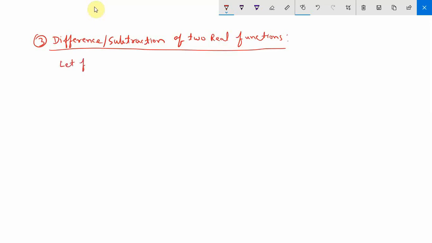Let f from D1 to R and g from D2 to R be two real functions.